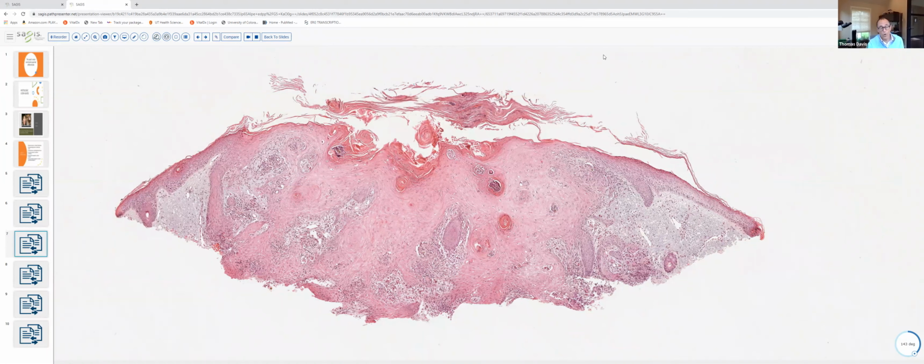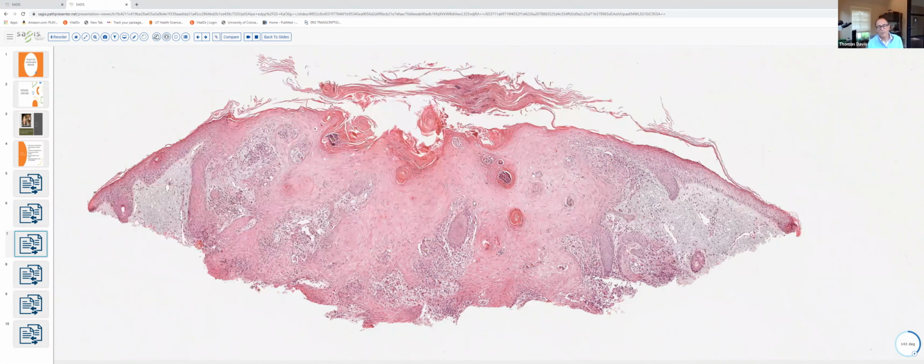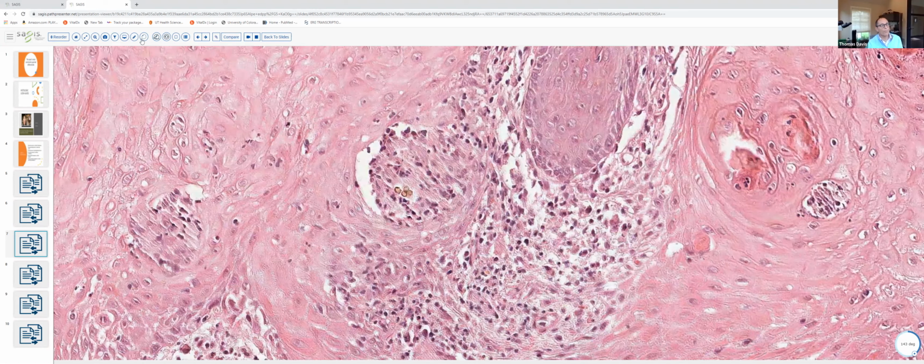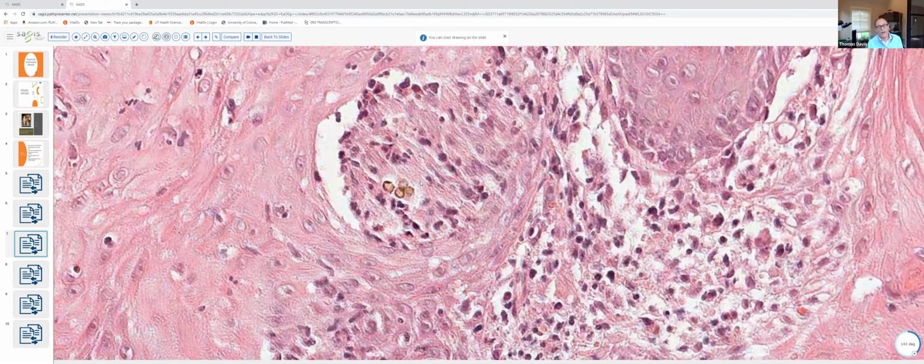The causative organisms in chromomycosis are known as medlar bodies, there's some right here, or copper pennies or sclerotic bodies. They tend to be located, as is the case with most fungal infections, either within microabscesses, sometimes within the cytoplasm of multinucleated giant cells.